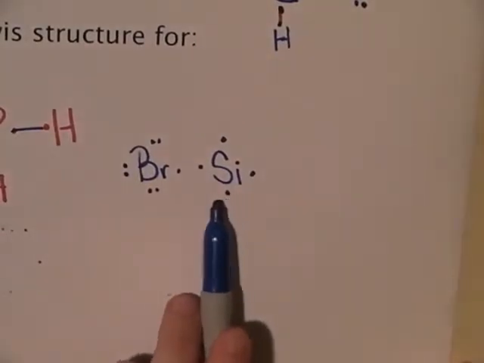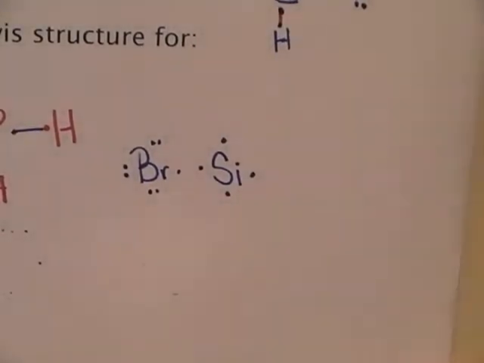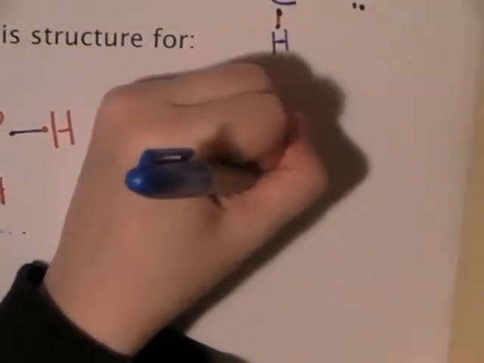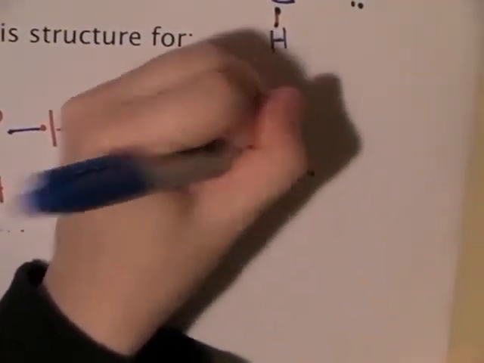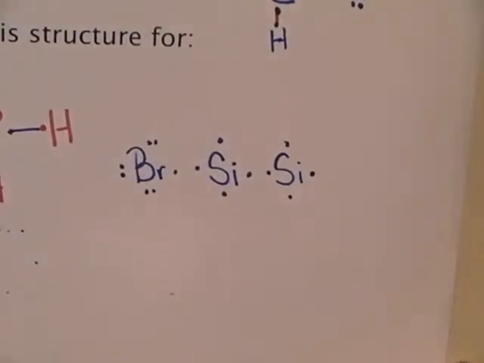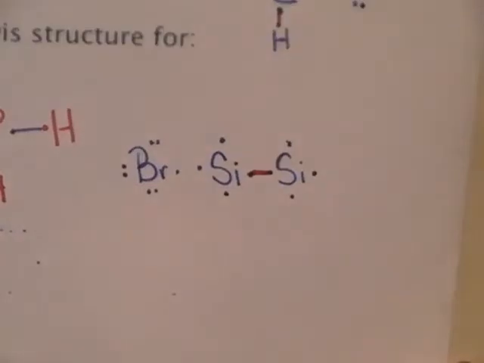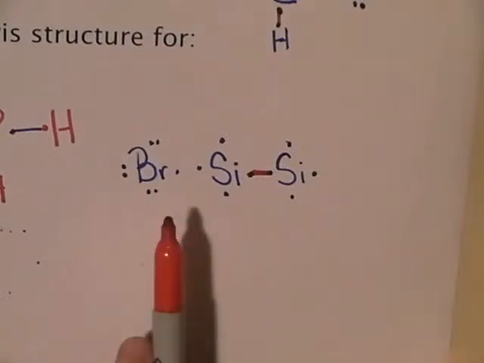The silicons can each form 4 bonds. The bromines can only form 1. So we're going to put both silicons in the center, right, with their 4 valence electrons. And if they're both in the center, it should make sense that they're going to have to form at least 1 bond between each other. Now, what does it look like we should do next? We have 6 bromine, right? We already have 1 here.